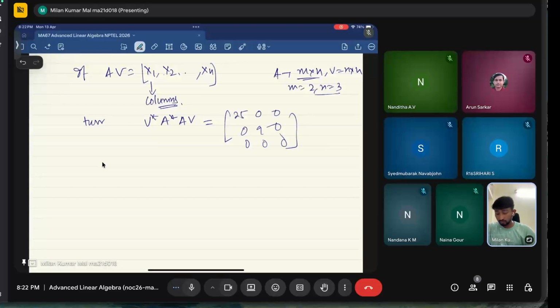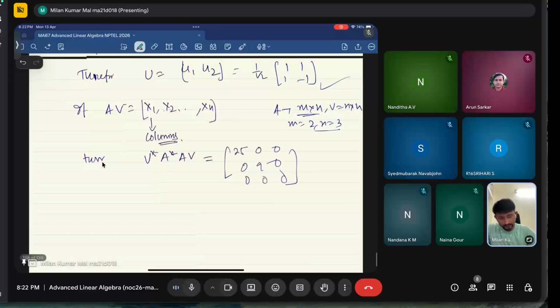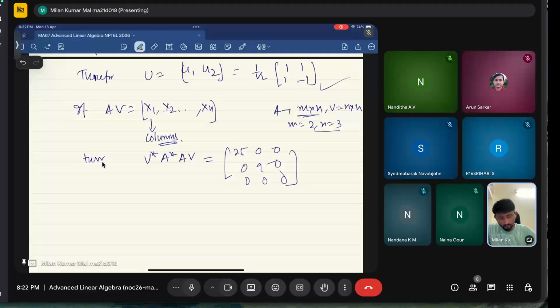I have to obtain V basically, right? Right now m is less than n.